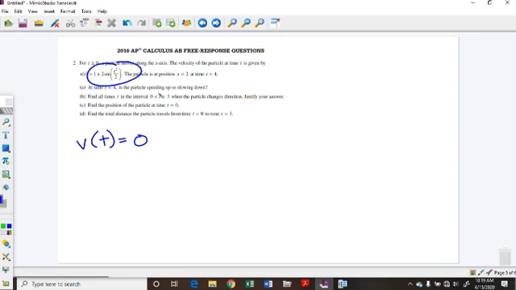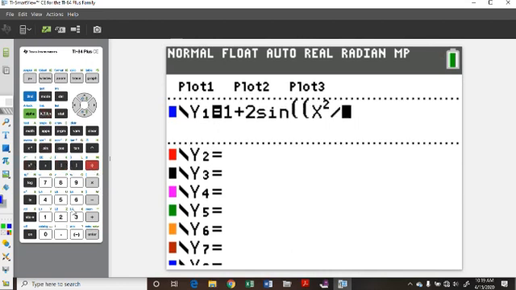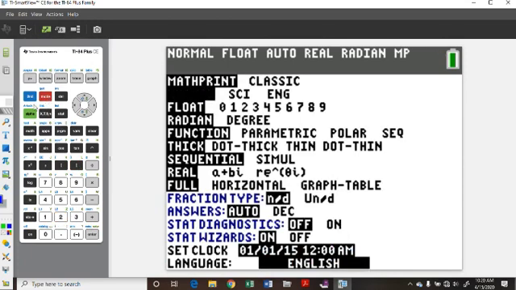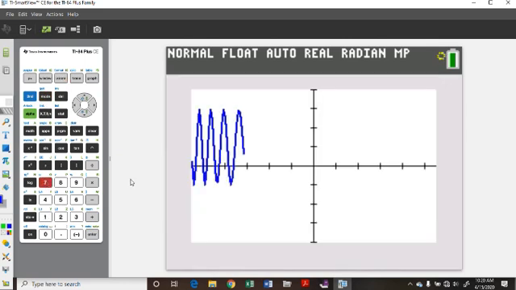So all you have to do is graph that function. Y equals 1 plus 2 sine of x squared divided by 2. I'm going to check my mode. I am in radian mode. I'm going to go to zoom trig, see what this thing looks like.